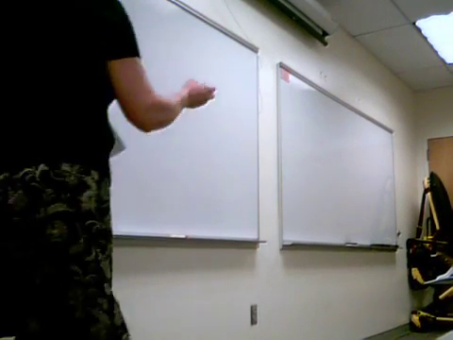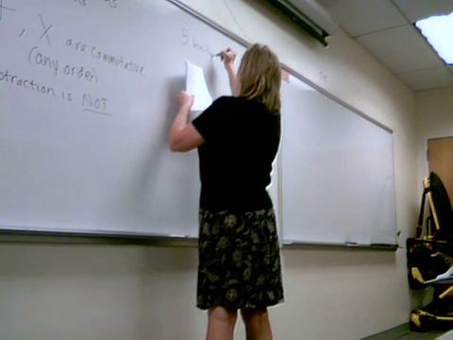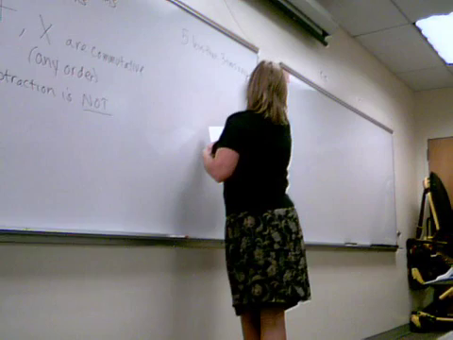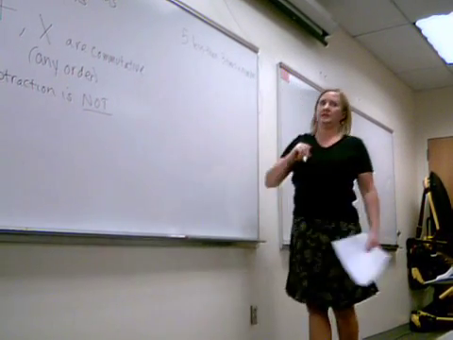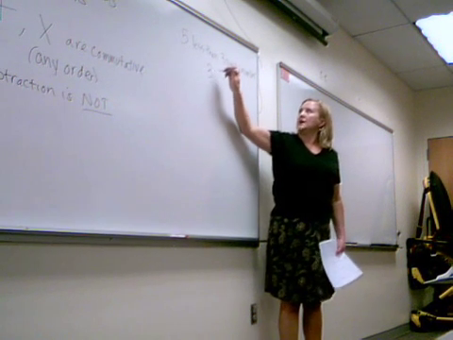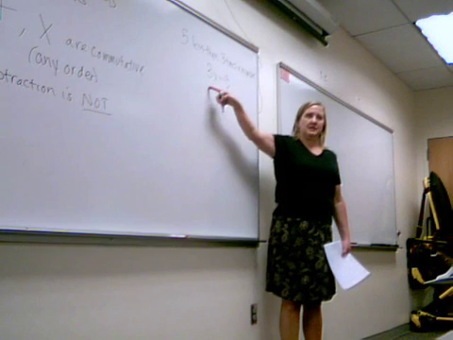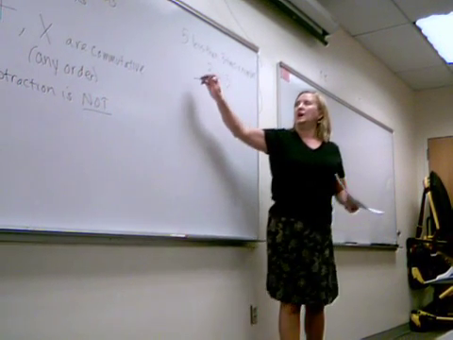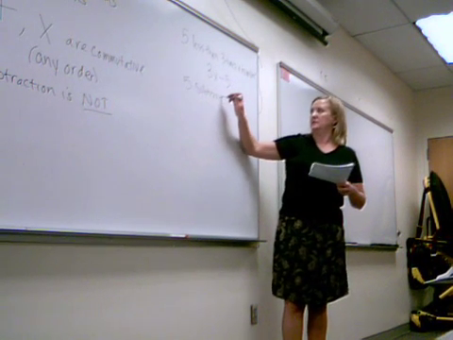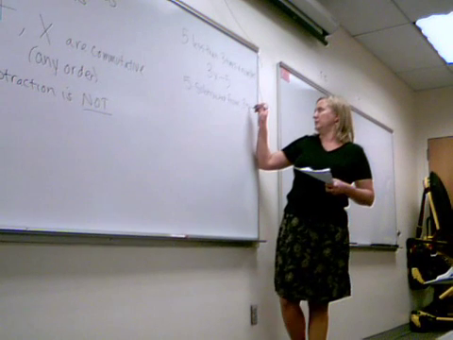If I said 5 less than 3 times a number, how would I write that? 3 times a number minus 5. So it's 5 less than this number. Another way you might see that is 5 subtracted from 3x, 3 times a number.